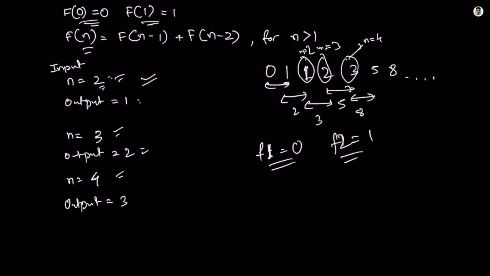Now these two values are going to be always changing, and we will be taking the nth value based on the changing values of f1 and f2. So suppose we have to find n equals 3. We will run a for loop, and the for loop will run from i equals 2 to i less than or equal to n.